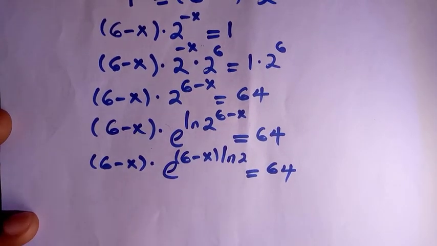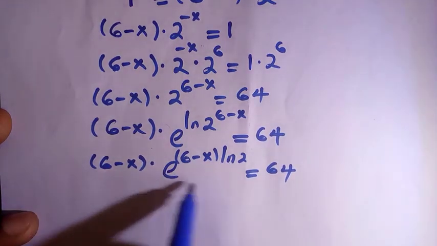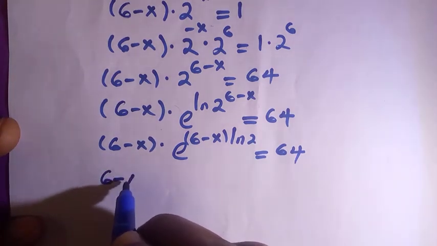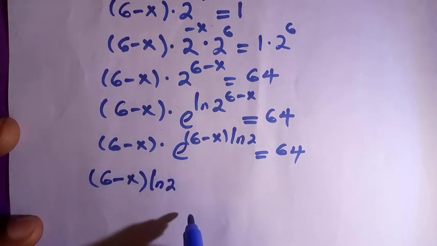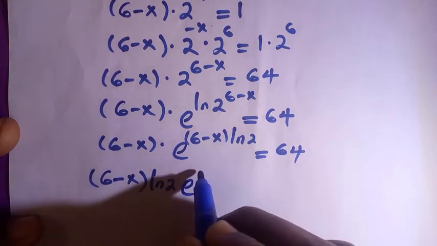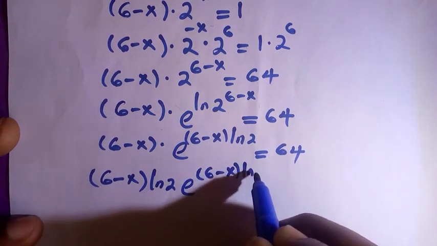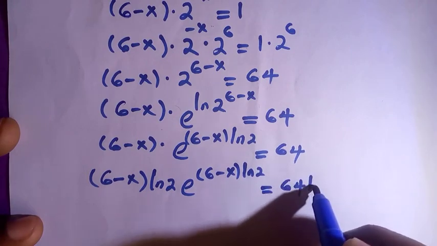So this is making sense. But since I'm following the Lambert, for this 6 minus x, it is missing something, which is ln 2. So if I multiply ln 2 to both sides, we have 6 minus x ln 2, then dot exponential of 6 minus x ln 2, and everything equals 64 ln 2.